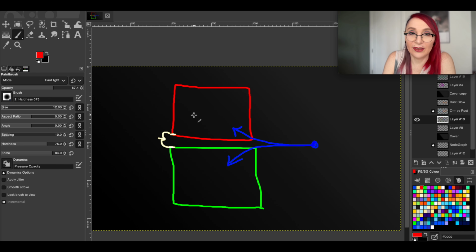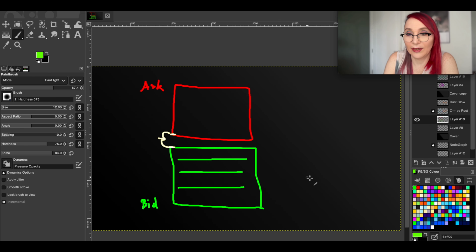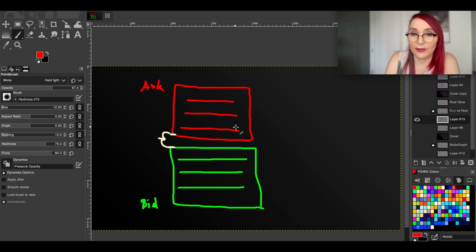So this is ask. And this is bid. Okay, so on this side there are levels. There is a level here, level here, level here, and as well on the ask side we have level here, here, and here, and so on.